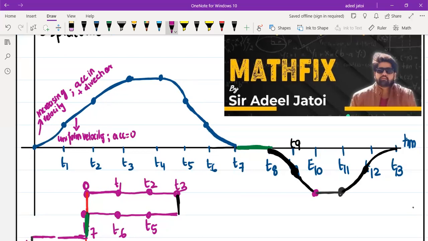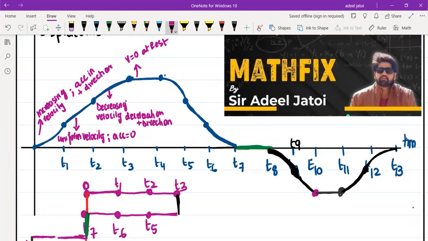Acceleration is equal to 0. This will be decreasing velocity. Deceleration in positive direction. This thing here means velocity is equal to 0, at rest.